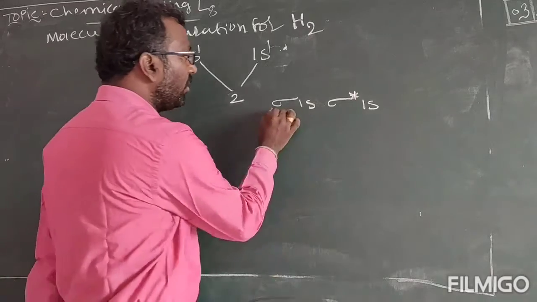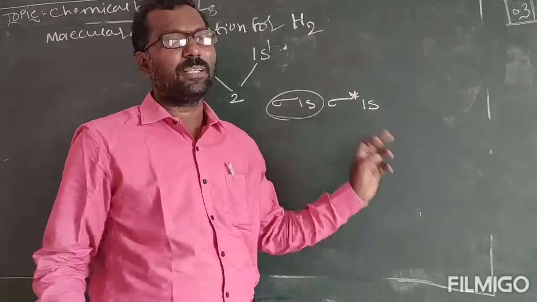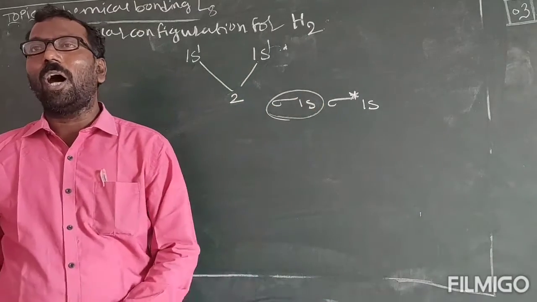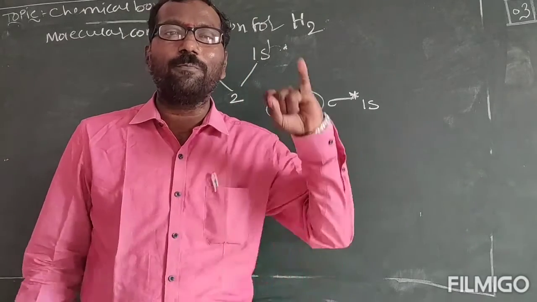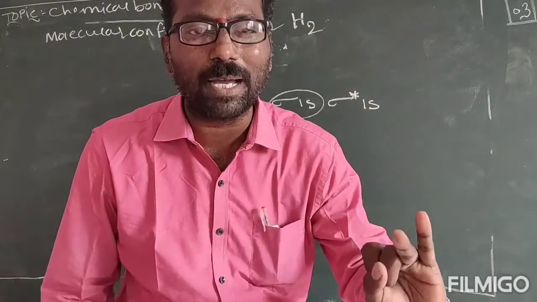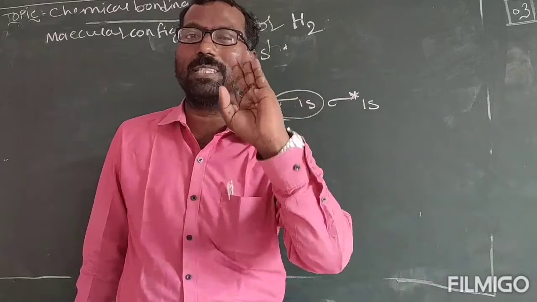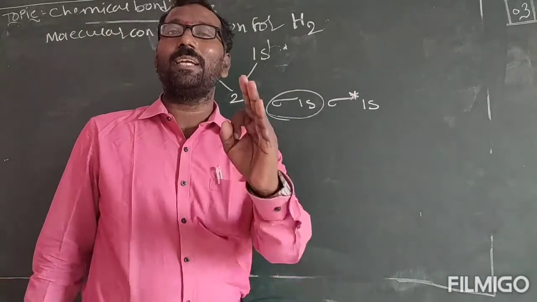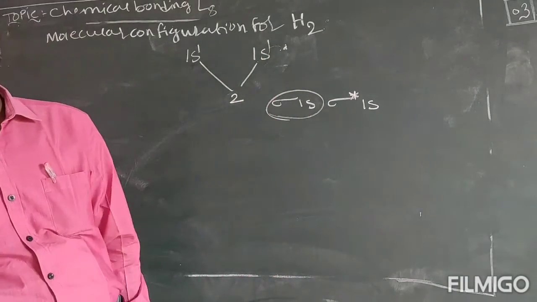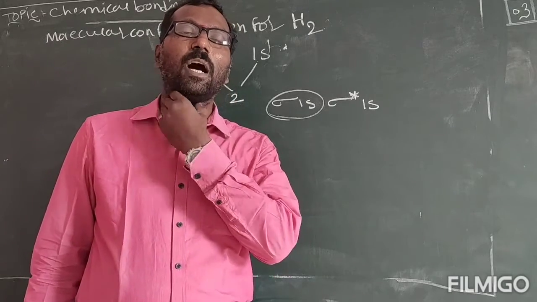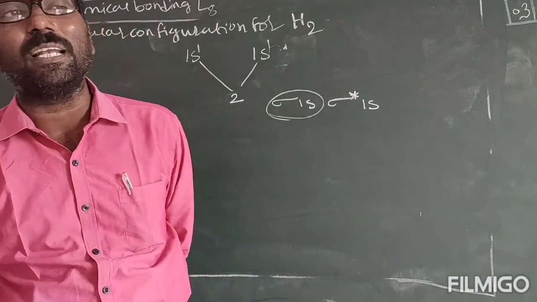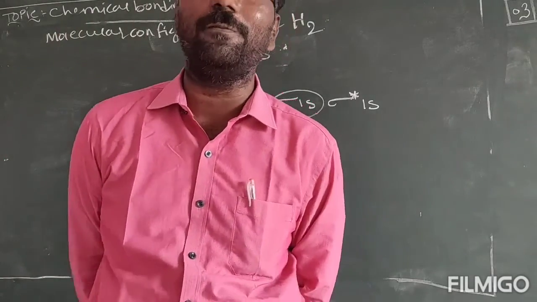The electron will go first into the sigma 1s orbital. Why? We follow the Aufbau principle, Hund's rule of maximum multiplicity, and Pauli's exclusion principle for writing electronic configuration. Is it or not? According to the Aufbau principle, the orbital which has the least energy should be filled first.